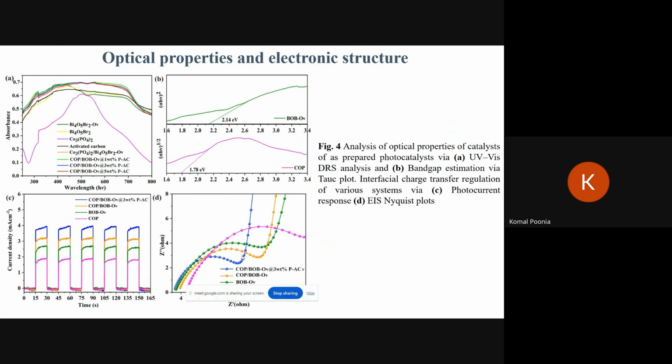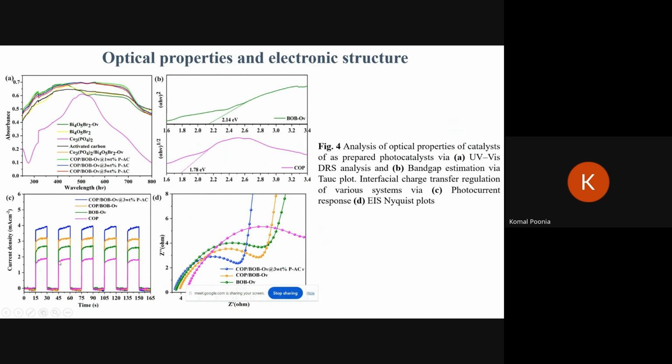Further, for the optical properties and electronic structure, UV-visible spectra showed that cobalt phosphate absorbed light in the visible spectrum, and the rest of the nanoparticles absorb in the visible and UV region. Further, from the Tauc plot, we calculated the band gap of bismuth oxybromide, which came to be 2.14 electron volt, and of cobalt phosphate, 1.78 electron volt.